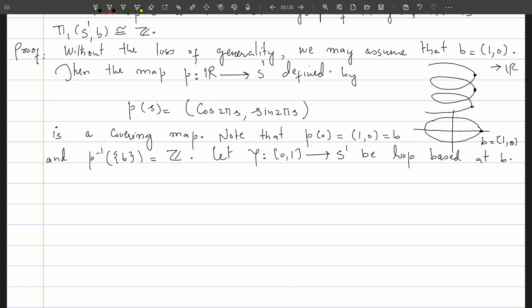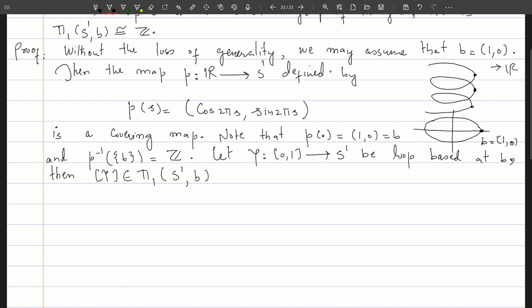It will travel alongside the circle, or sometimes it may change direction, or first go in this direction, then it may come back. So the point is that this gamma is based at point B. Then the homotopy class of gamma is going to be an element of the fundamental group of S1 based at point B.